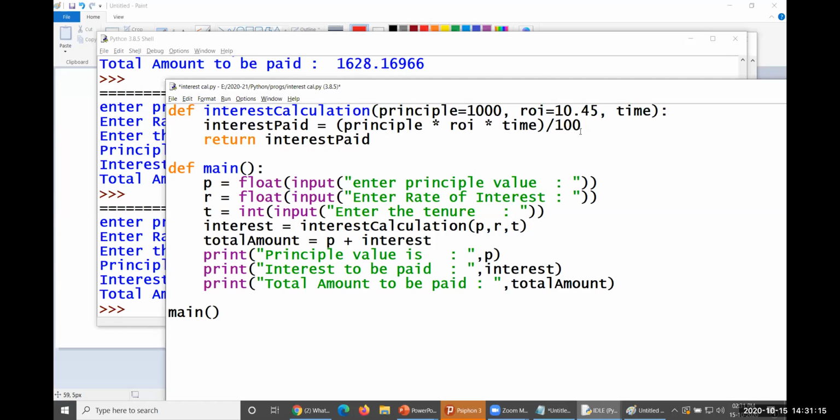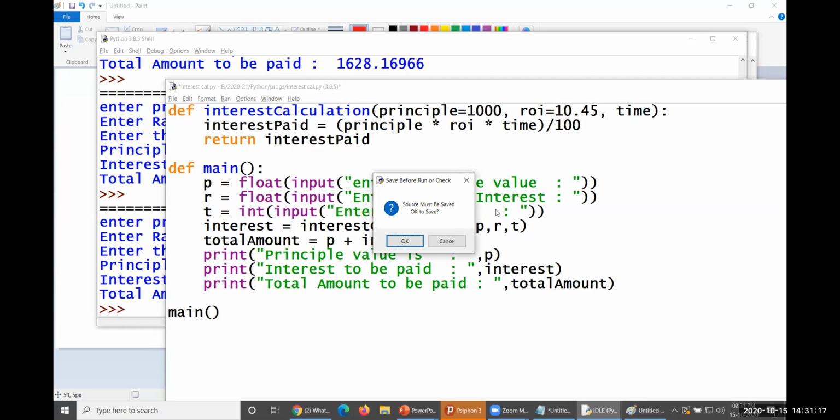Okay, source must be saved. Yes, one more time, the same kind of message will be displayed to you: syntax error, non-default argument follows default argument. Look at this. Principal is the default parameter, and the rate of interest is also a default argument, but time is not a default argument.